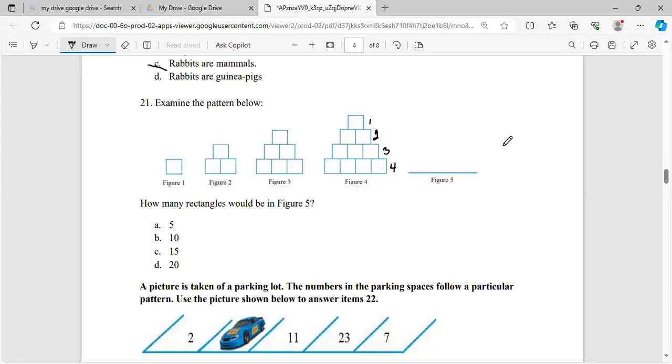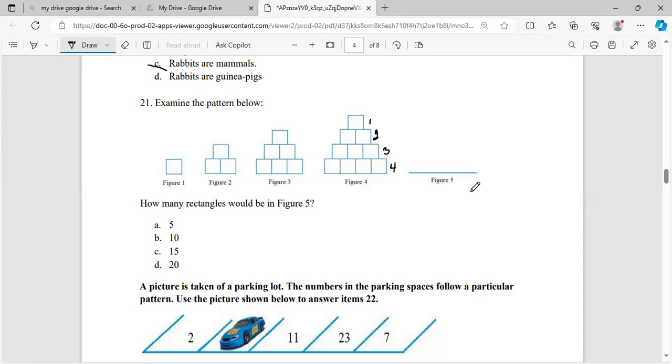I know this is figure 5, but I want you to work out figure 6 for me. No, figure 6.